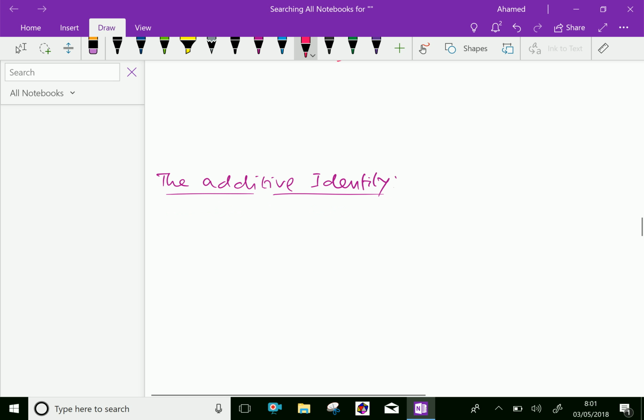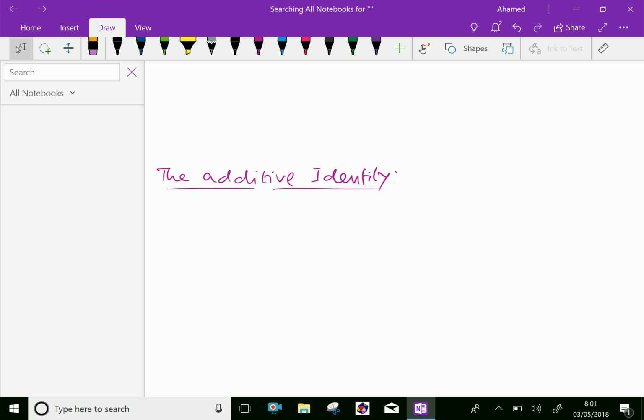Next one, additive identity. Imagine one number added with some whole numbers. If you get the same answer, that is, you take one number, add it with some numbers, and it gives the same number, then the number that you added is called the additive identity. Take one number 5. If you add 0 with 5, it gives 5 only.